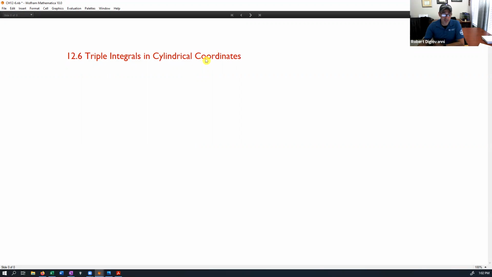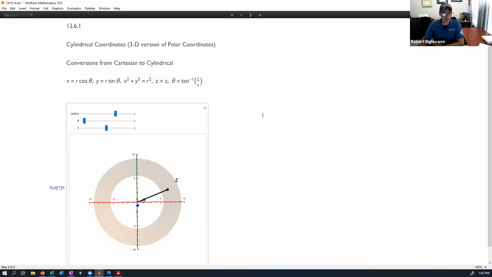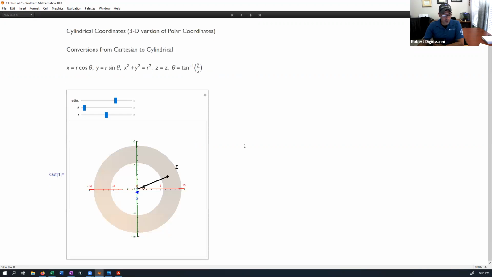Right, so let's take a look at cylindrical first. And so the way cylindrical works is that you're going to look at 3-dimensional space, but instead of having our standard x, y, z Cartesian, what we're going to do is replace x with r cosine theta, replace y with r sine theta.